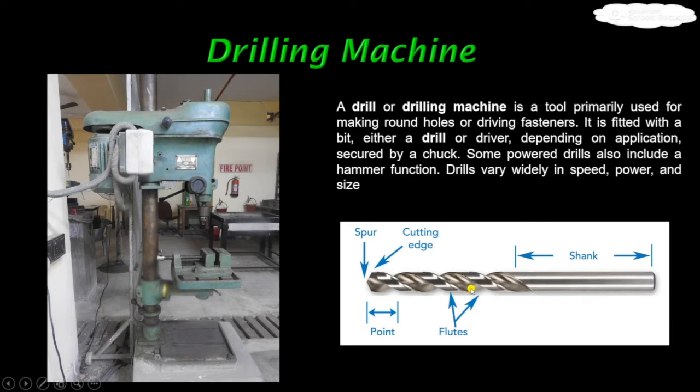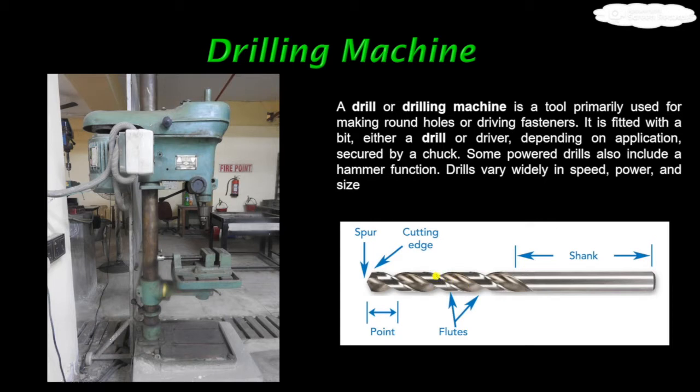The dimension or diameter of the hole is the same as the diameter of this cutting tool, and this part is called the flute of the tool. Through this flute, the chip after cutting is removed.